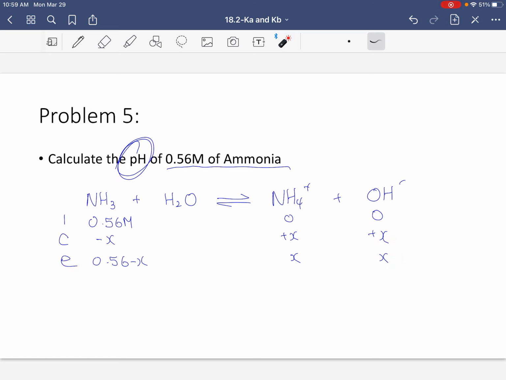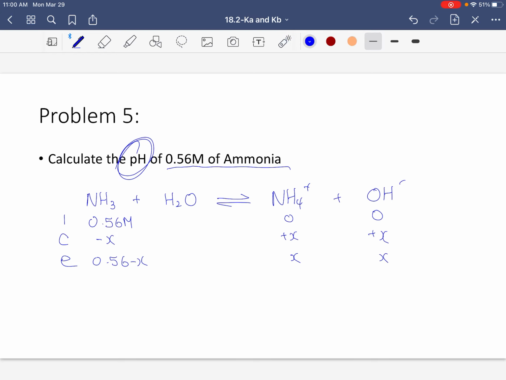If I take negative log of that, it will give me pOH. If I subtract that from 14, that will give me my pH. Or the other way around that I've shown you last class: if you get the concentration of OH, all you have to do is take Kw and divide it by OH. You actually get the same thing.